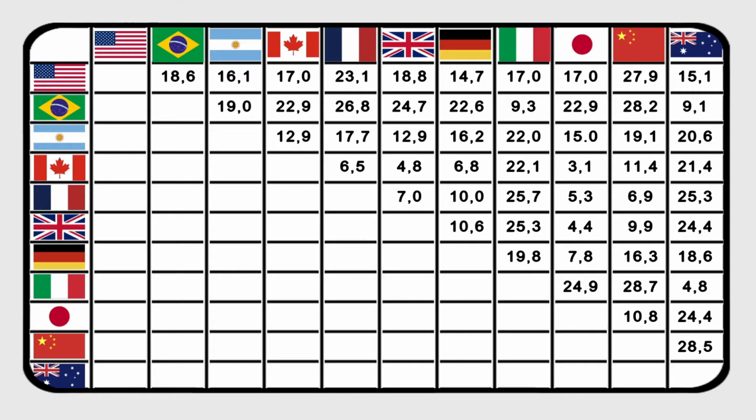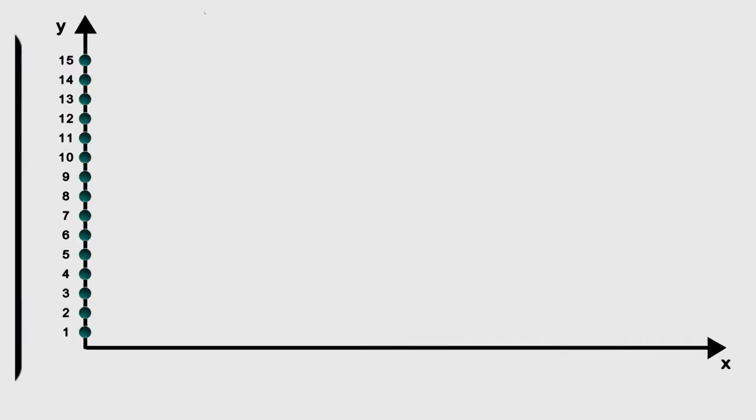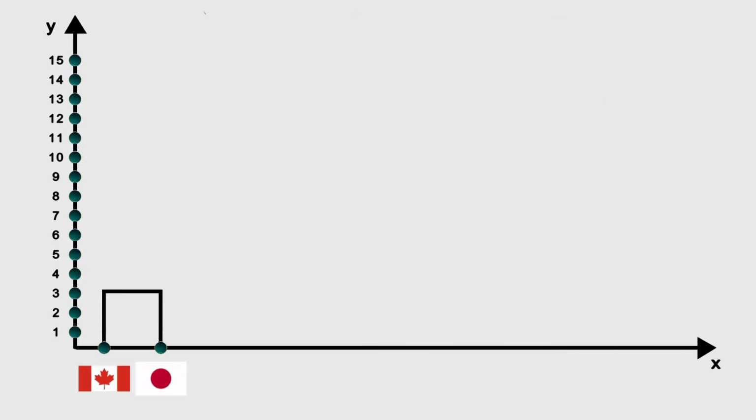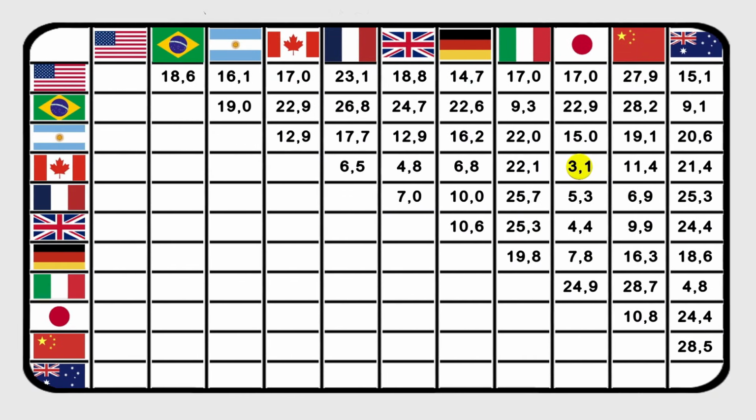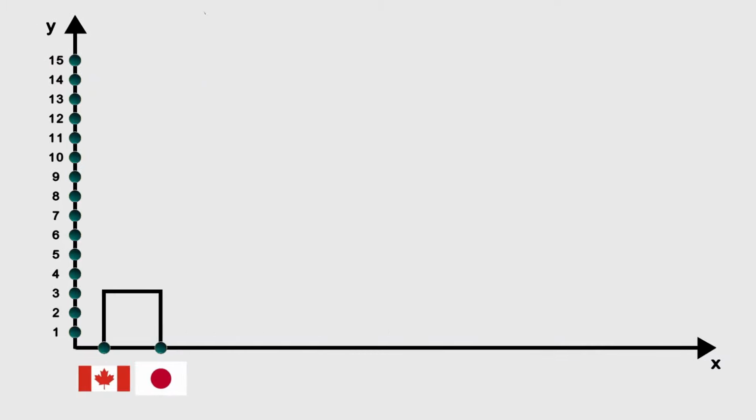For this method, we find the minimum distance. In our table, it's 3.1, Canada and Japan. We start drawing the dendrogram. Next, we find the next smallest distance, which is 4.4, UK and Japan. However, Japan is already merged with Canada, so we add it to that cluster.